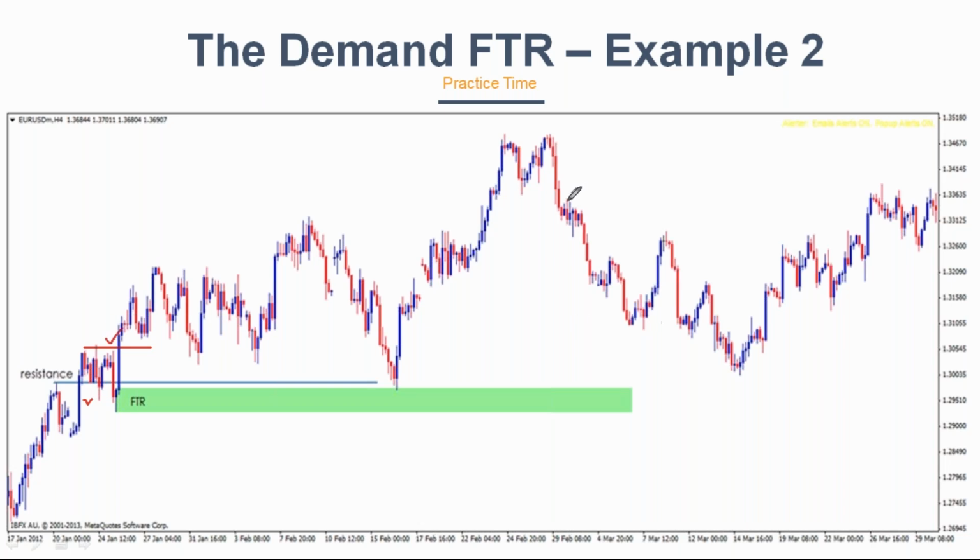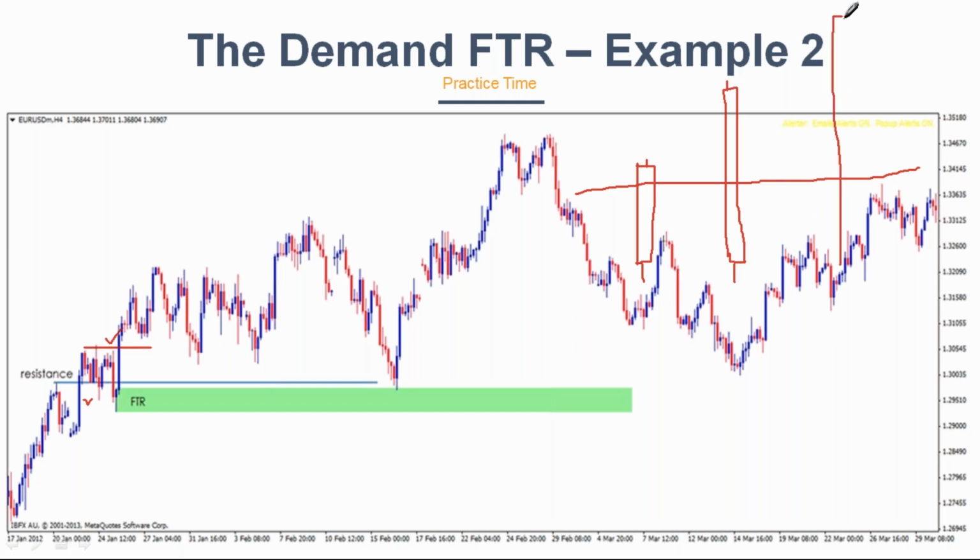Now think about this, friends. Let's say there is a resistance here. Let's say there is a momentum candle like this. Now let's say there is a momentum candle like this. Which is the best momentum candle?